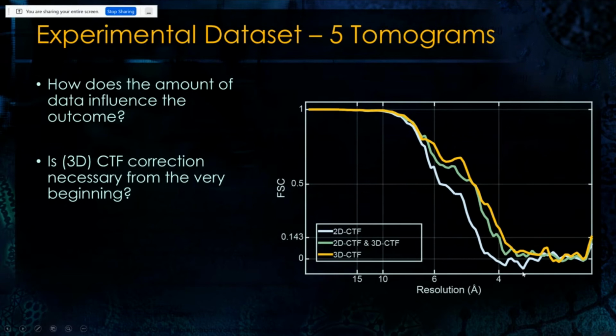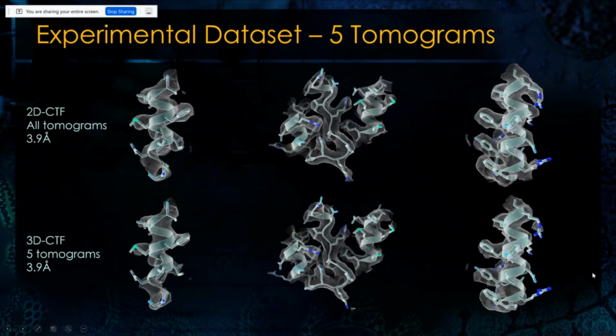And so this shows that, first of all, it pays off to really do the proper processing. And second of all, it also pays off to start as early as possible with the best possible data you can. And again, not to just show this on the curve. The data set with the 5 tomograms, as I said, had the same resolution as all the tomograms with 2D CTF, but it was a bit more noisy.